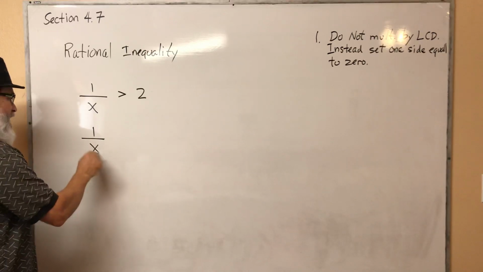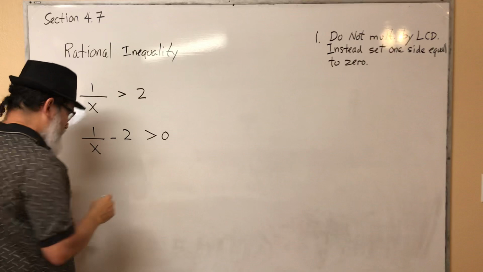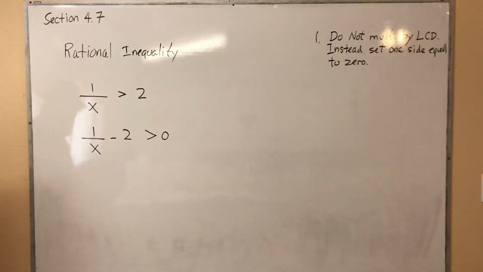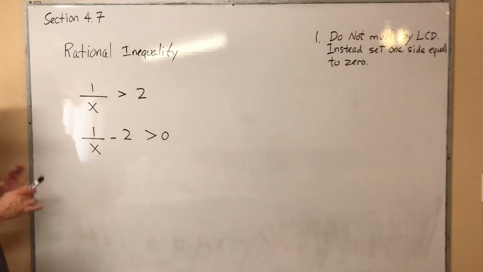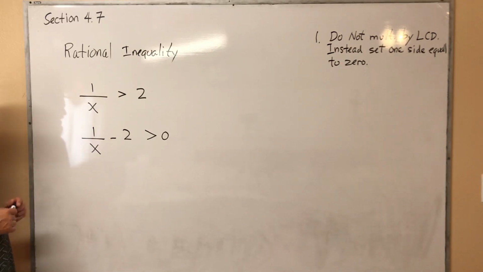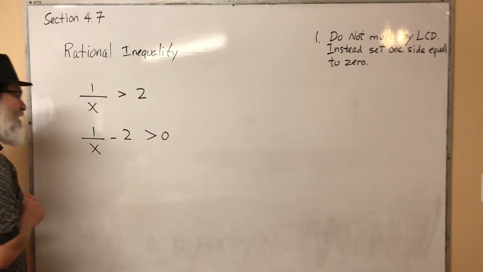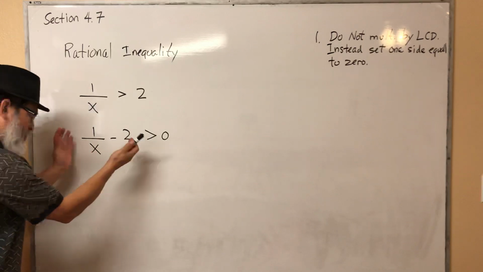Bring it over. 1 over x minus 2 is greater than 0. All right. And now combine the non-zero side. That is, put them together.